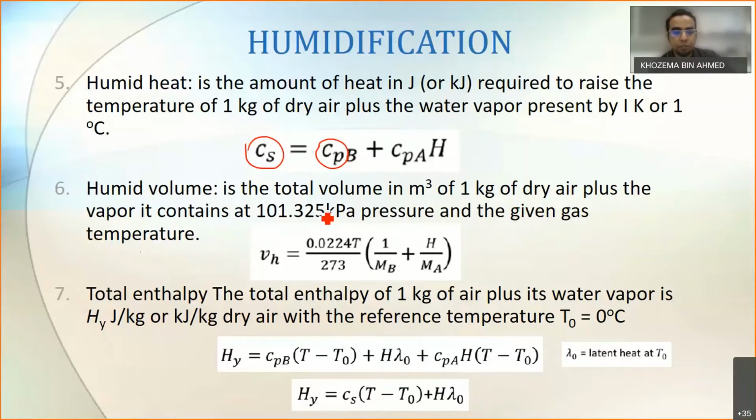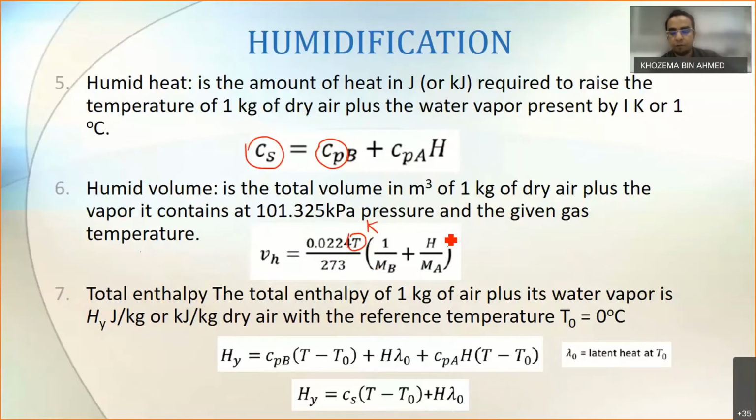This one is also equal to 1 ATM, and it is given at the gas temperature, and it is given by this. So VH, V is for volume, H is for humid. VH is actually equal to 0.0224 times T.